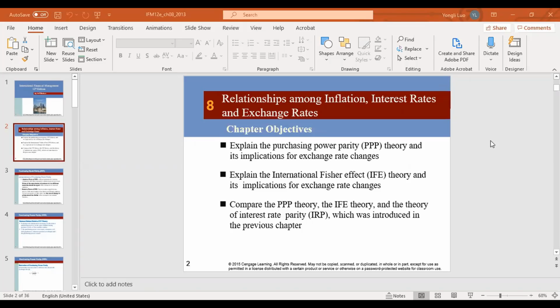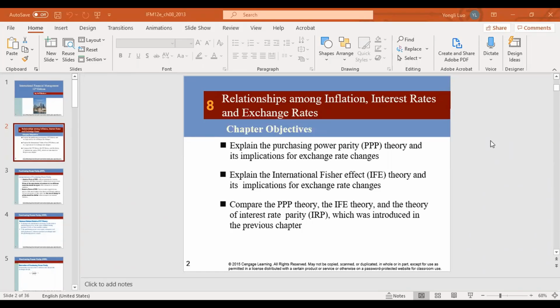The learning objectives include: 1. Explain the purchasing power parity, or PPP theory, and its implication for exchange rate changes. 2.